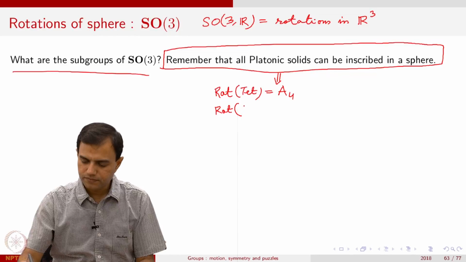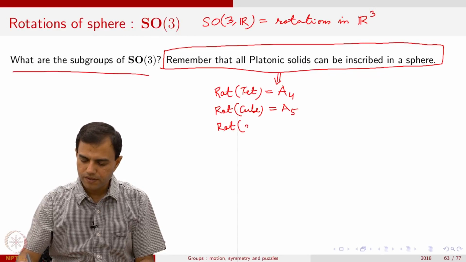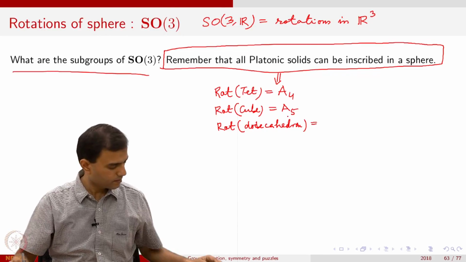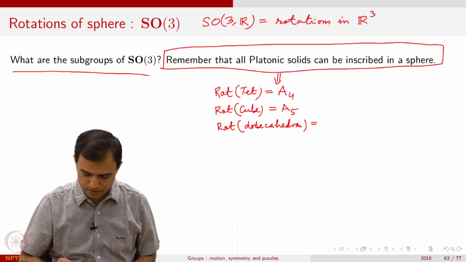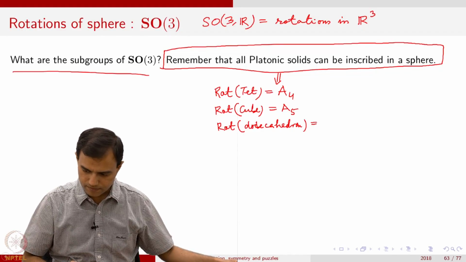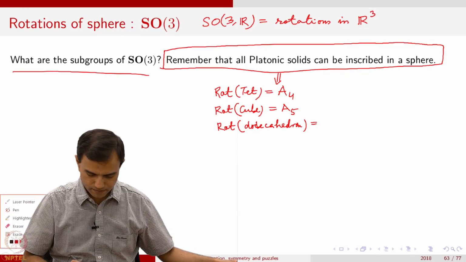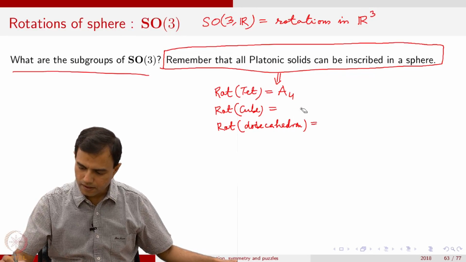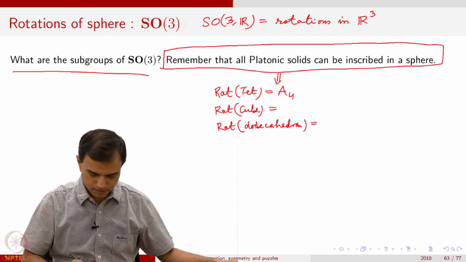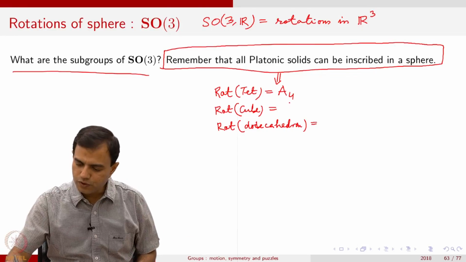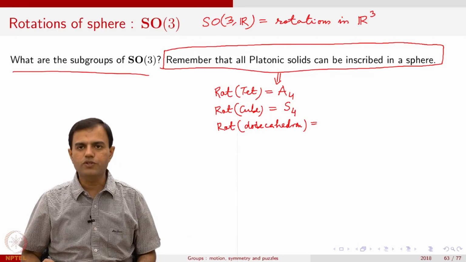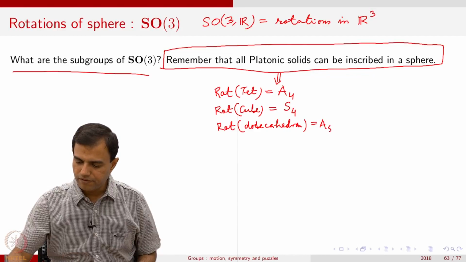Rotations of the cube, that was S4, and rotations of the dodecahedron or icosahedron, that was A5.